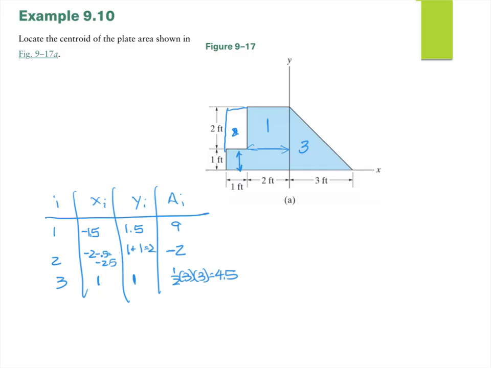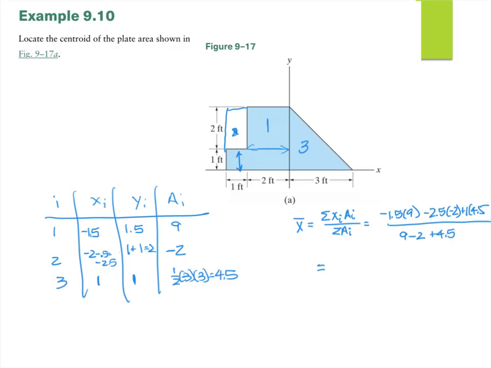So now we can use all these values to find the x and y coordinates of the centroid. We're doing the sum of the x sub i's times area sub i's, over the sum of area sub i's. So I get minus 1.5 times 9, minus 2.5 times minus 2, plus 1 times 4.5. On the bottom are all the areas: 9 minus 2 because it's a hole, and 4.5.